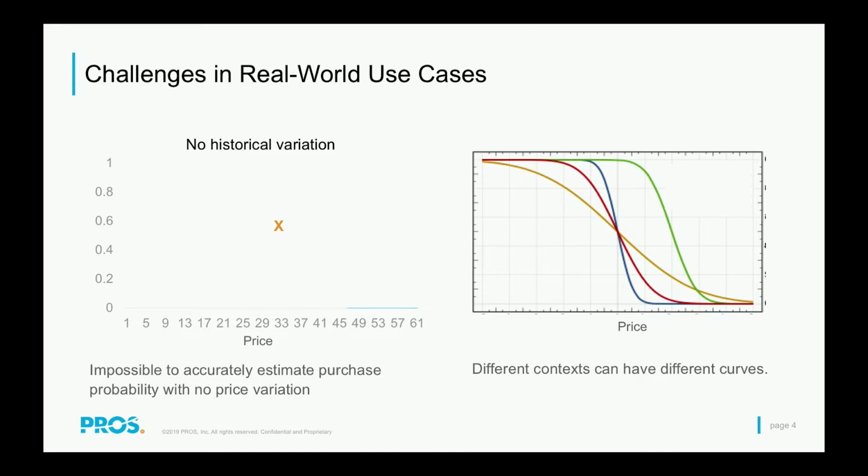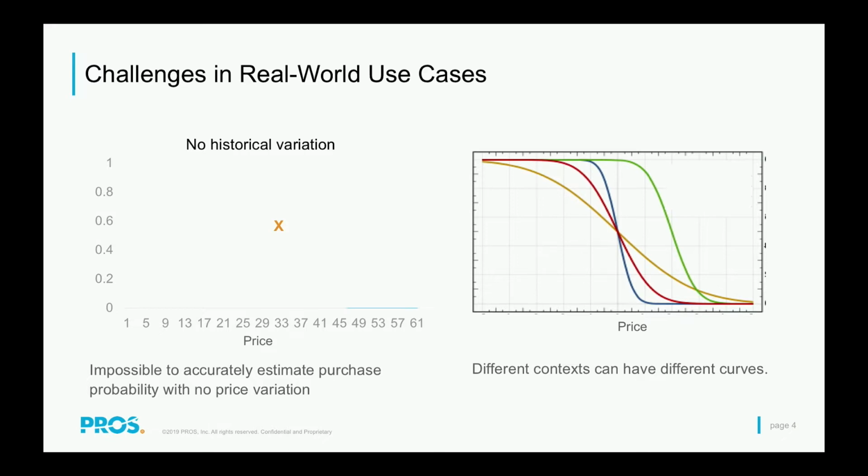So it's impossible to accurately estimate the purchase probability. And also, as I have shown earlier, different segments will have different curves. So we need some model that can utilize this contextual information to derive different prices for different segments.